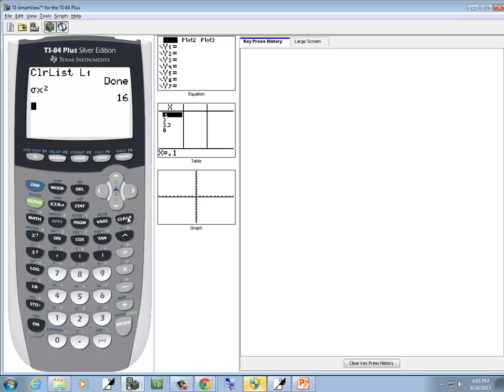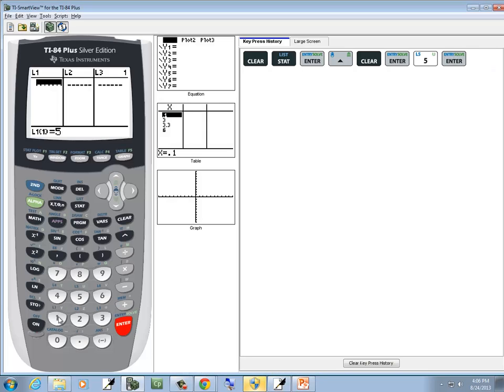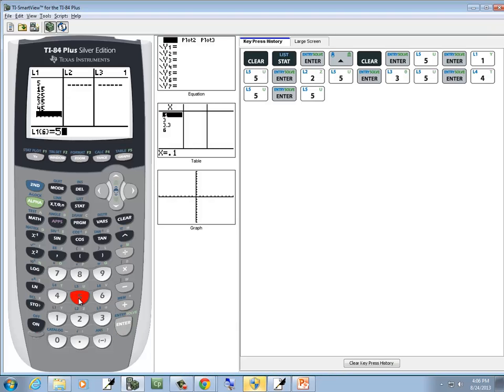I'll press my stat button, do enter on edit. I'm going to up arrow and highlight L1 and press clear and press enter. And we got 5, enter, 15, enter, 25, enter, 35, enter, 45, enter, 55, enter, 65, enter.